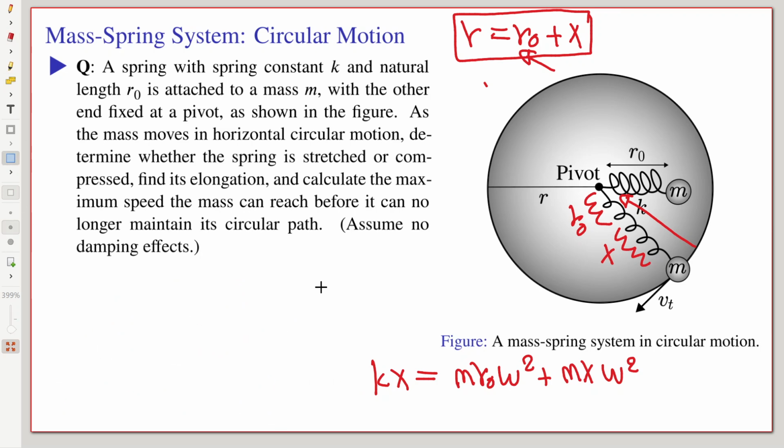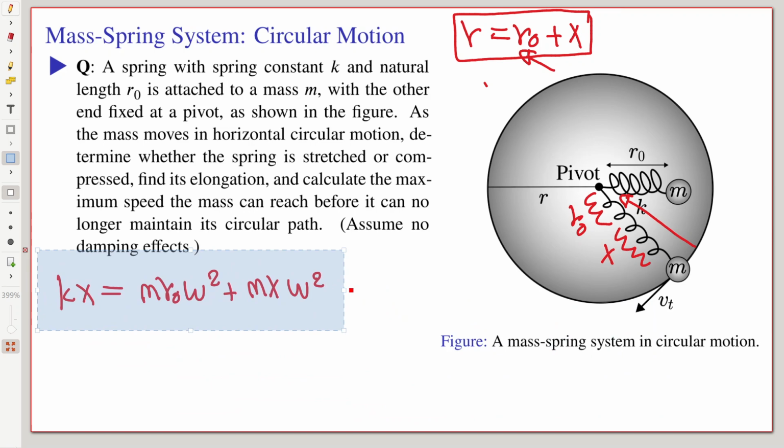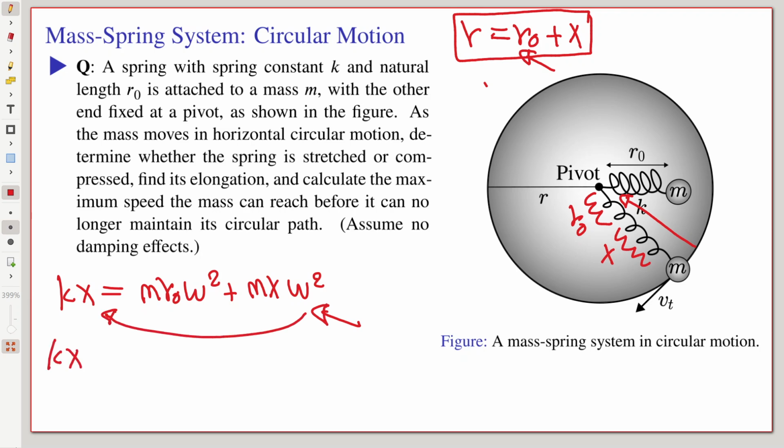Now we have, and let us move this part to here. Okay. Now what I'm going to do is to bring this to here. Okay, so kx minus mx omega squared is equal to m r naught omega squared.